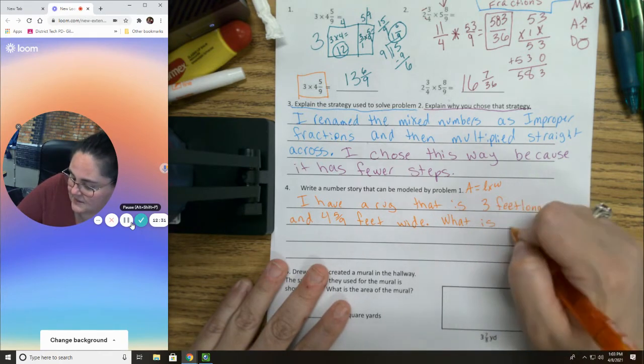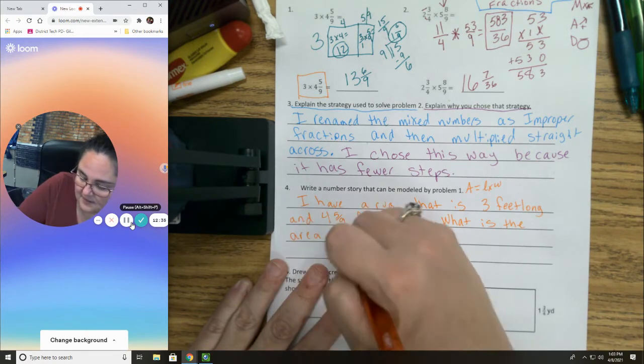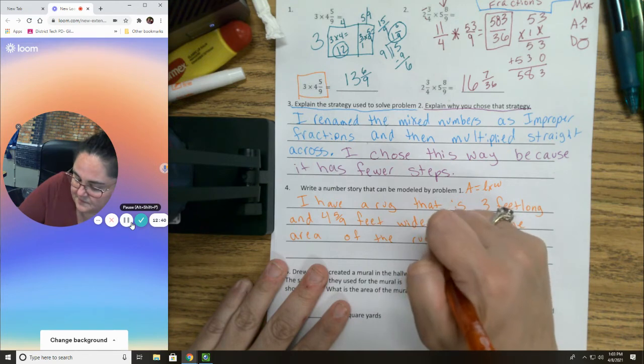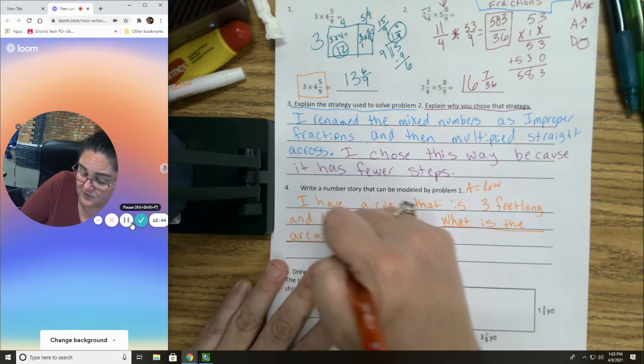What is the area of the rug? Make sure that you have a question with an actual question mark as well.